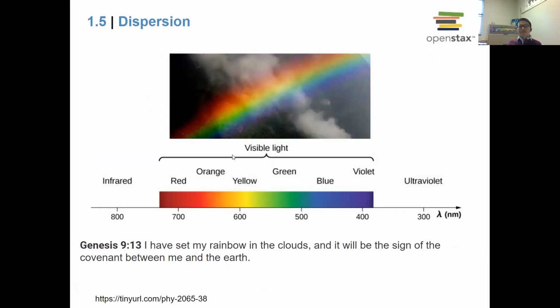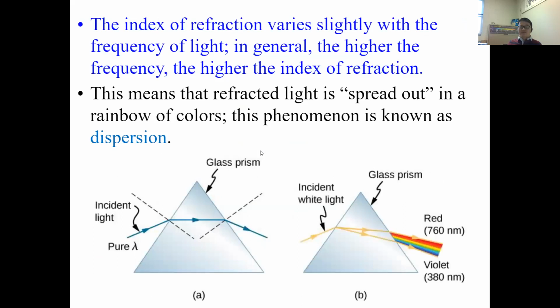But when the rainbow is displayed on the curve of the sky, scientifically, this is what happens. As the incident ray comes in here, it gets refracted into the medium. Different colors of light have different wavelengths, hence different frequencies.